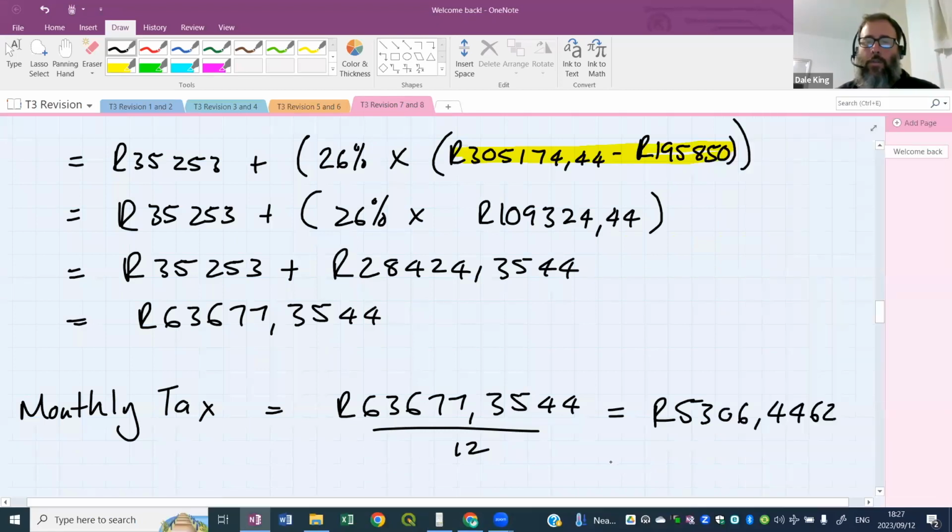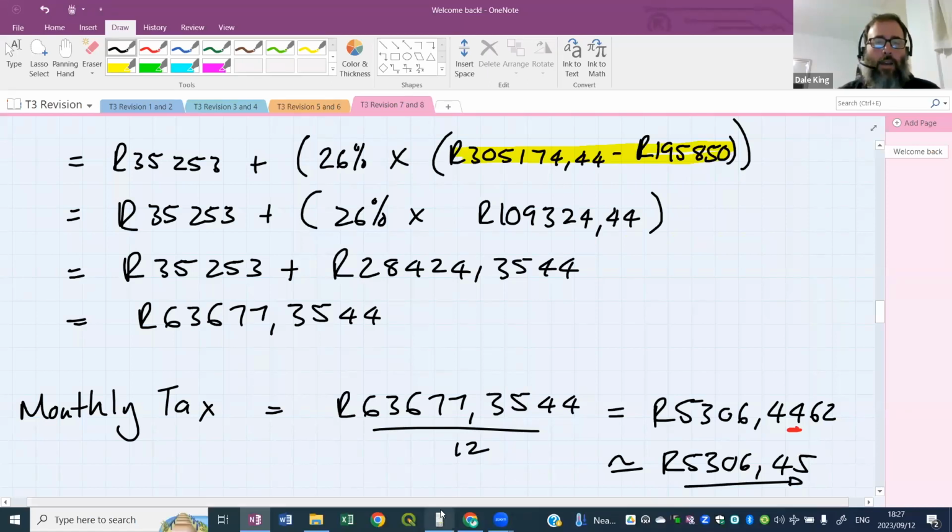All right, and this needs to be rounded off now at the end. We're checking the second decimal. That number 4, will it change? Yes, it will. So there we go. All right, that's his monthly tax that he has to pay. Are we all getting that?